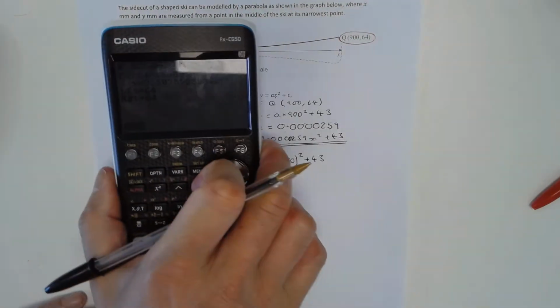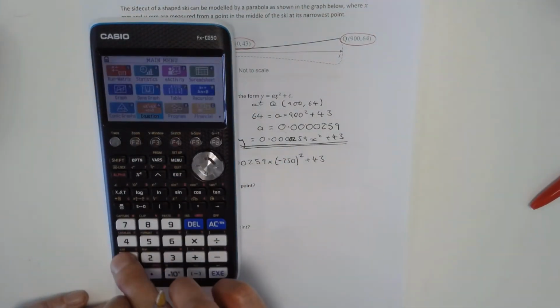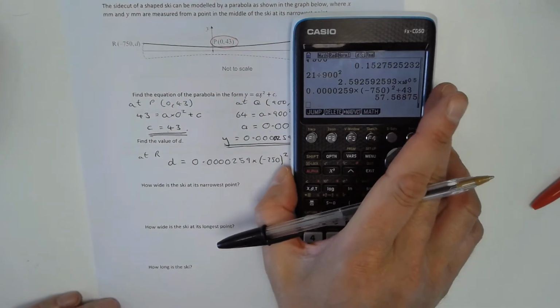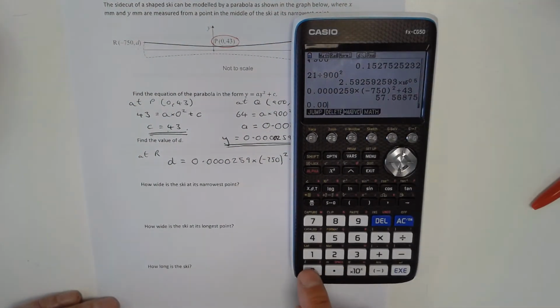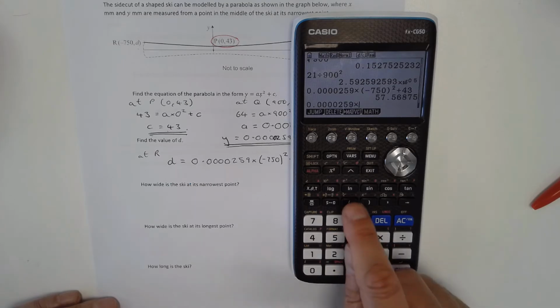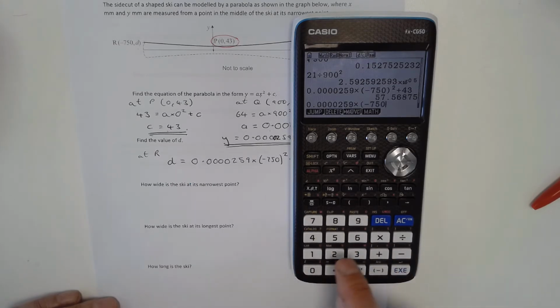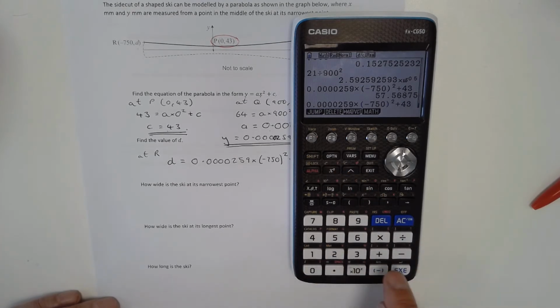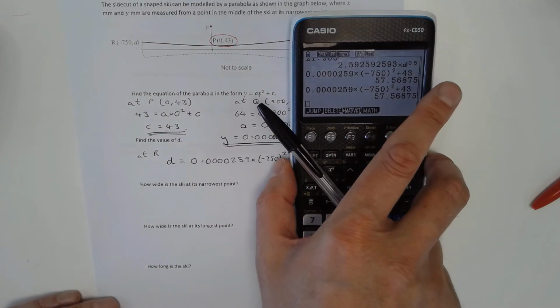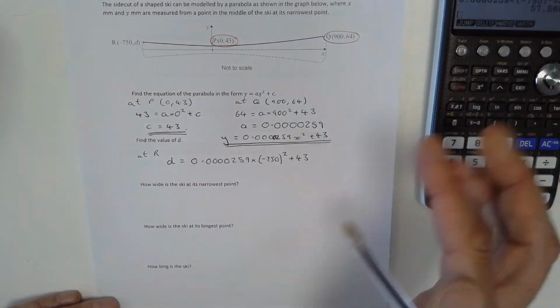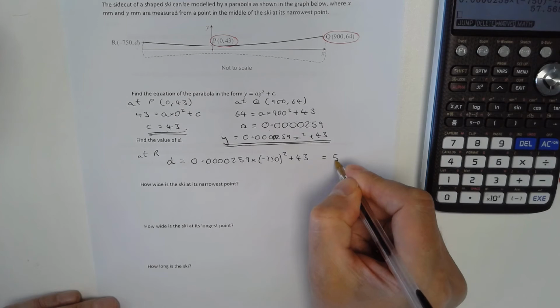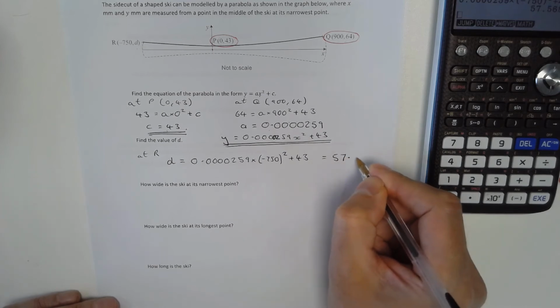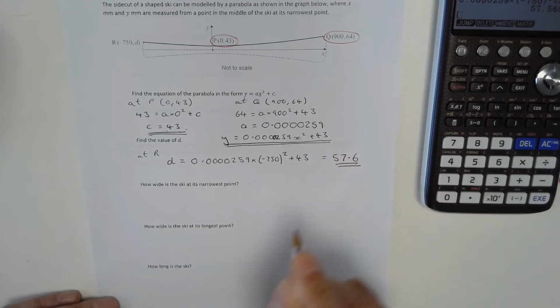That can go straight in my calculator, and the answer is 57.6. I'll go to three significant figures.